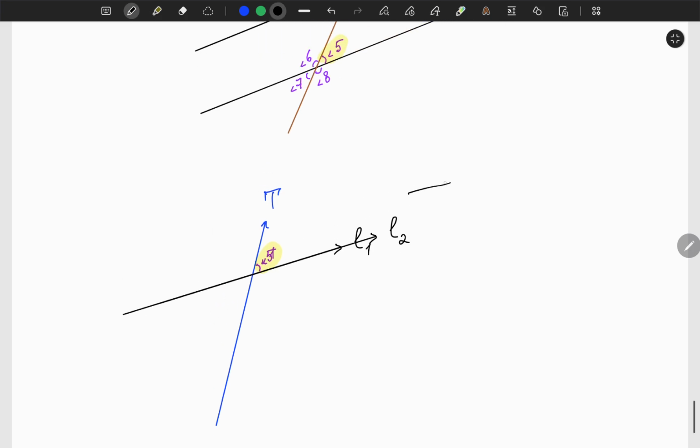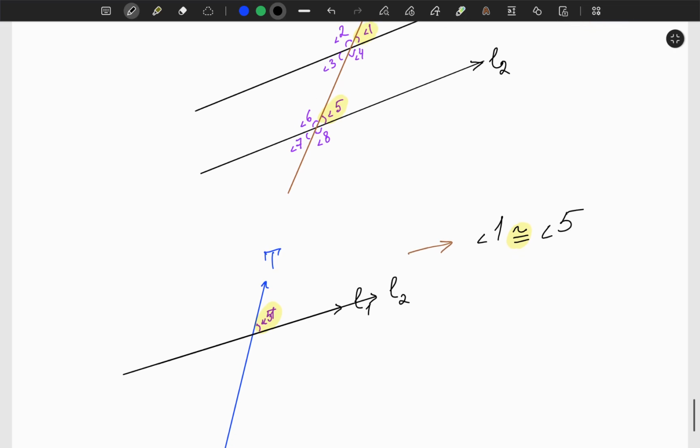So angle 1 is congruent to angle 5. This word congruency in geometry means equal size, equal measure, if we're talking about the angle, or equal length, if we're talking about length. Specifically in our case, it's angle. So yes, these two angles are congruent.